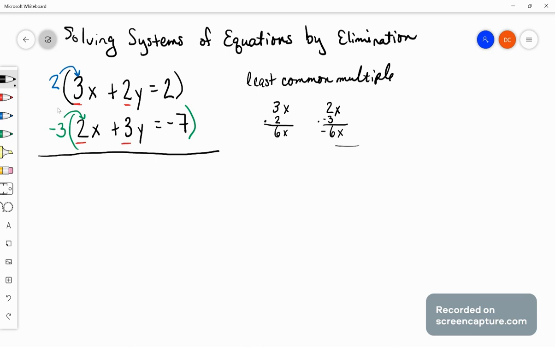So I'm going to rewrite two new equations. I have 2 times 3x is 6x, plus 2 times 2y is going to give me plus 4y, and then equals 2 times 2, so it equals 4.